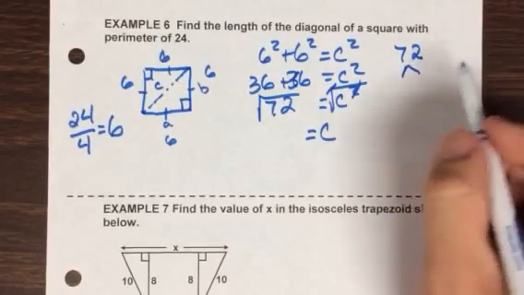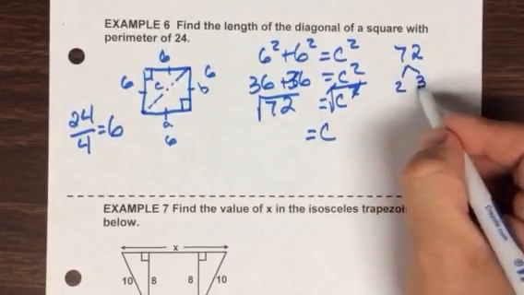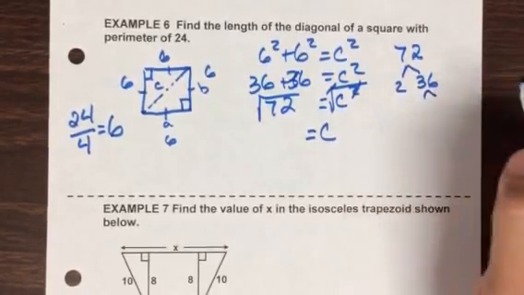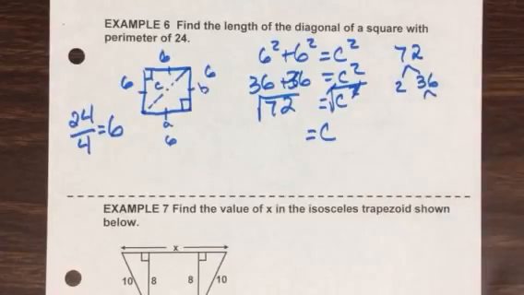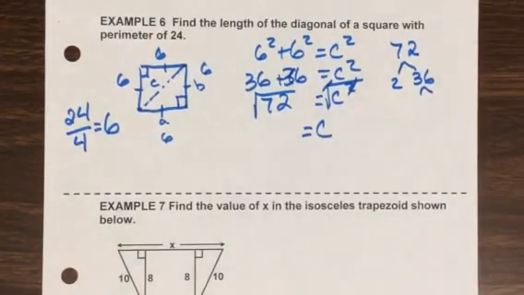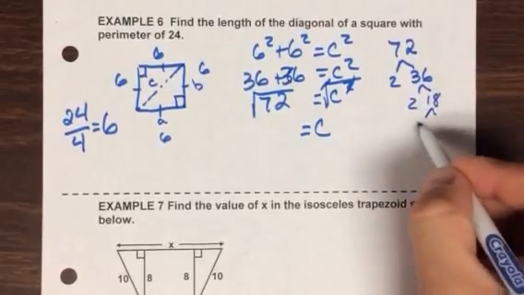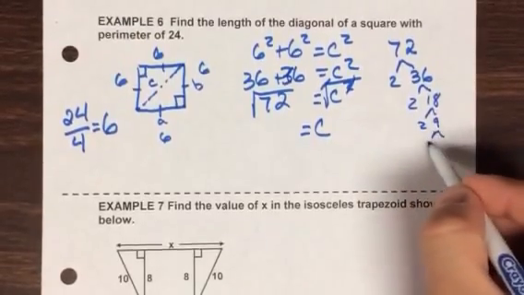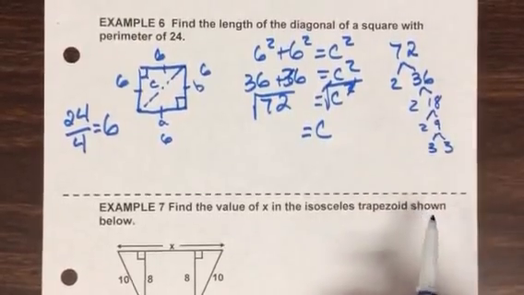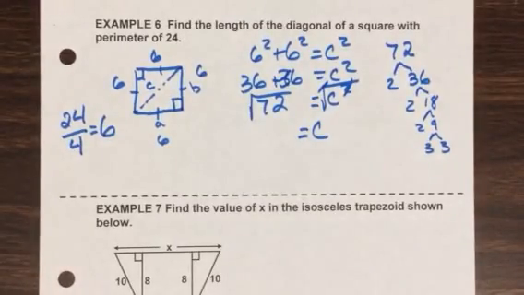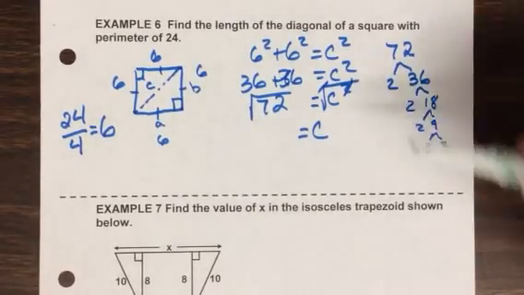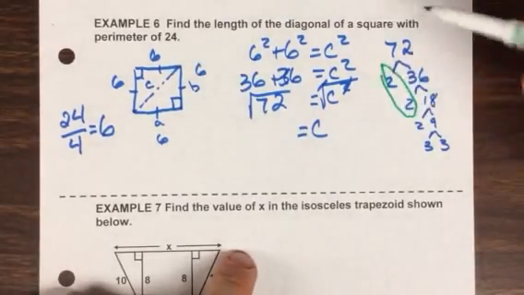72. So when I look at 72, I say that'd be 2 times 36, which if you ever get in trouble, that's the first place I start, by figuring out if it goes into 2. 2 times 18, well, that's 2 times 9. 9 is 3 times 3. So as I'm looking at it, I'm looking for my pairs. I'm going to say I have a pair of 2's right here.